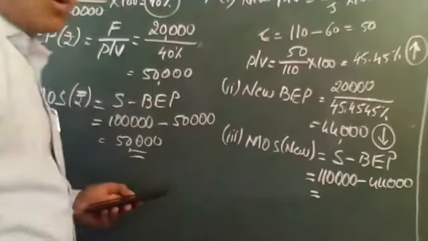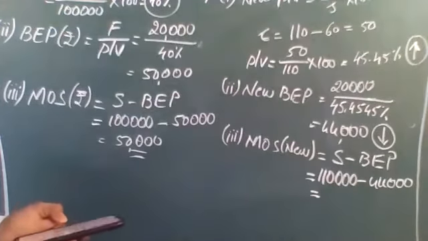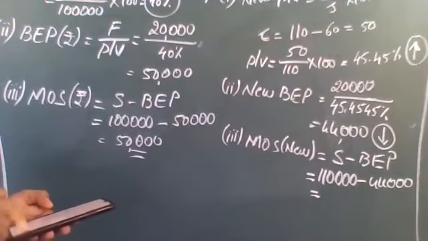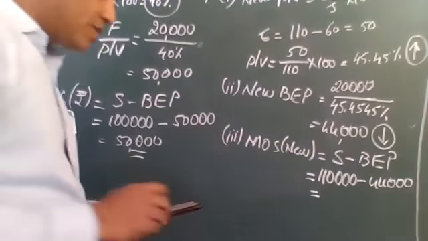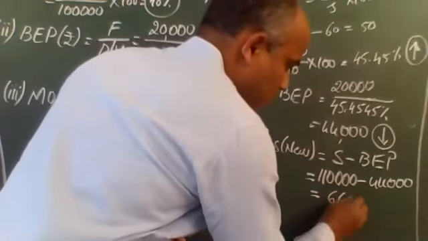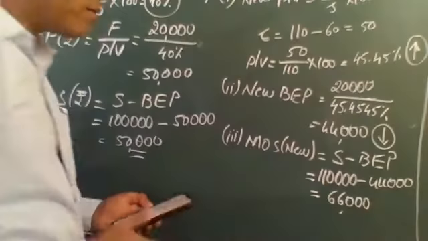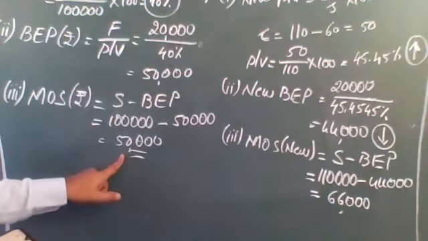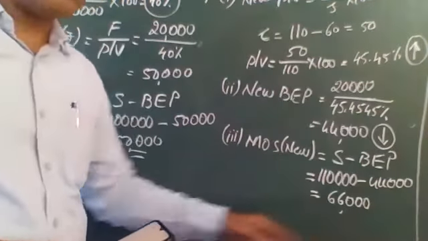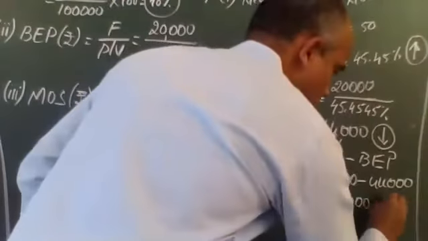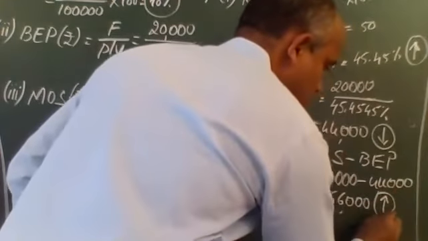That comes to 1,10,000 minus 44,000 gives you how much? It gives you 66,000. Now look at this. Previously it was 50,000. Now it is 66,000. What happened to MOS? Margin of safety has increased.